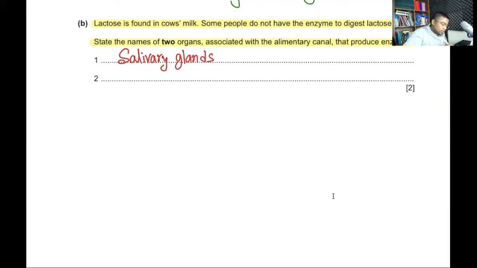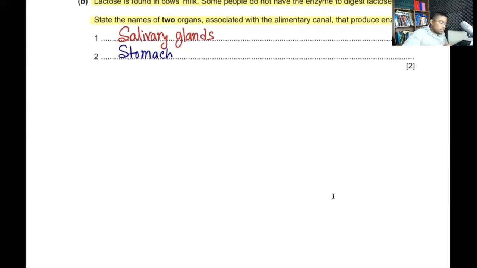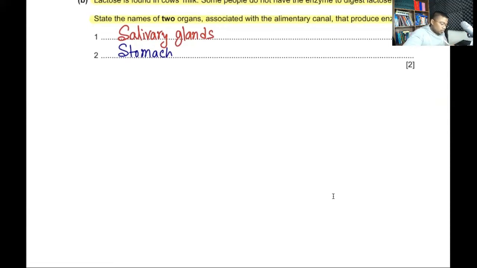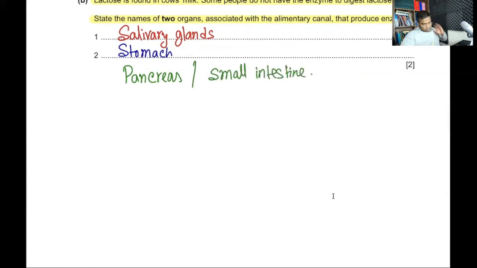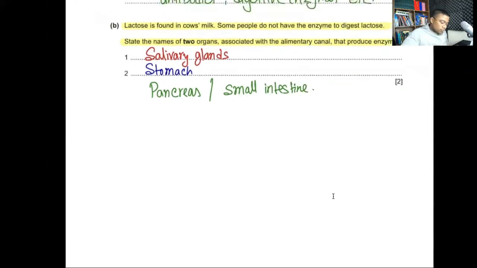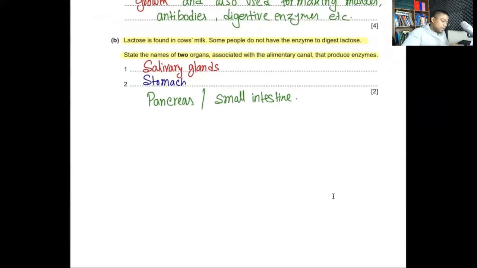Then the next thing that comes in my mind is stomach. Releases pepsin for the digestion of protein. We can write two more, pancreas and small intestine, both of which are additional points. All right, both of which also release enzyme.